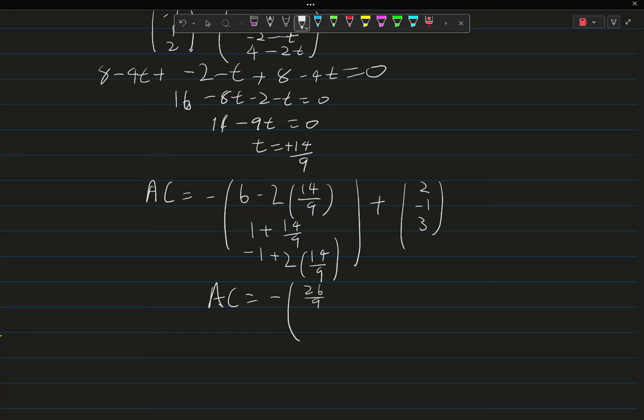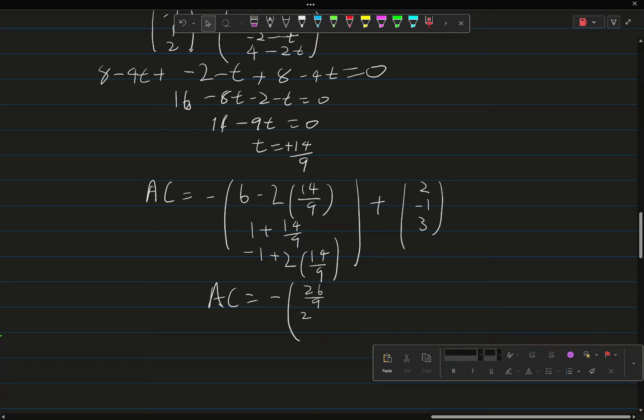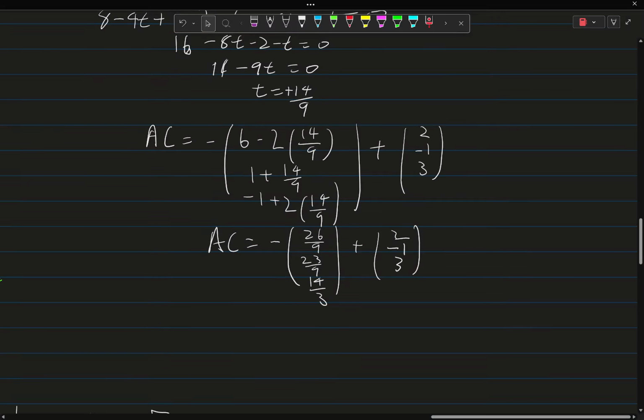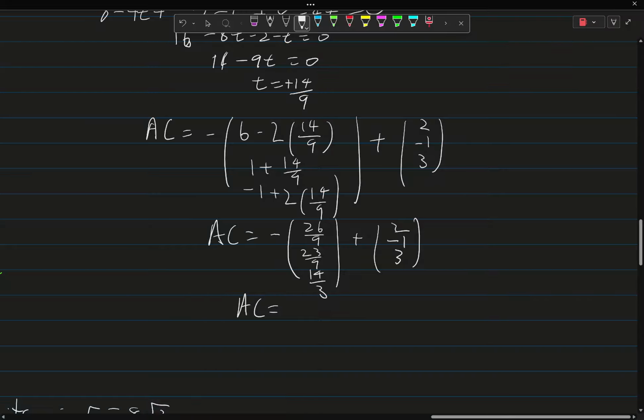Negative 26/9. 23/9. And 14/3. Plus 2, -1, 3. And when we add that all together, we get... Okay, we get AC equals -8/9.